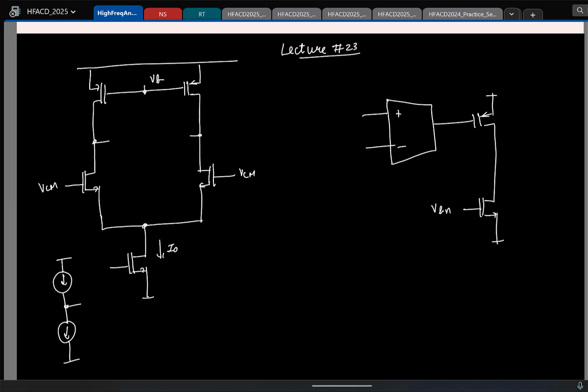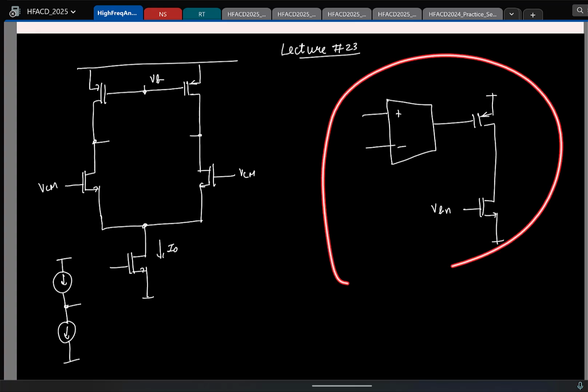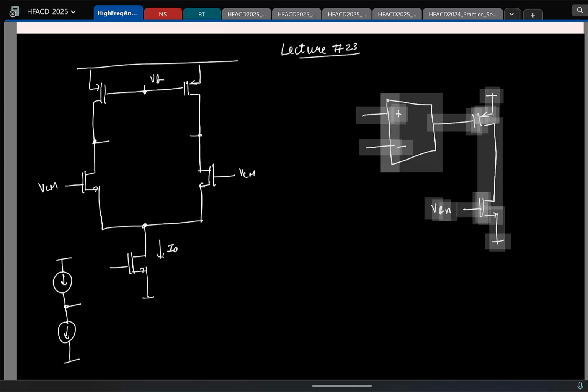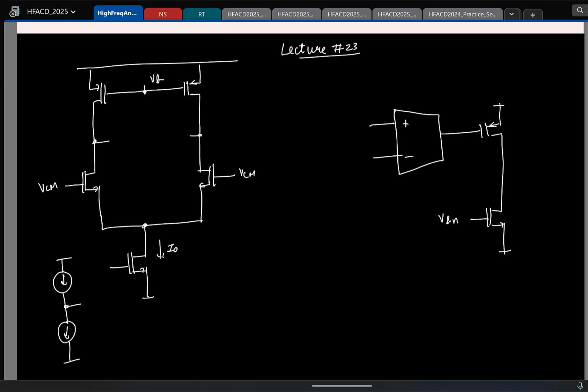Even here I have, as of now, two current sources biased independently, but there we saw that if we put this in an overall feedback loop, things started to work. So let's see why that happened. I'll put it in a resistive feedback like this, and let's say this is connected to VCM.